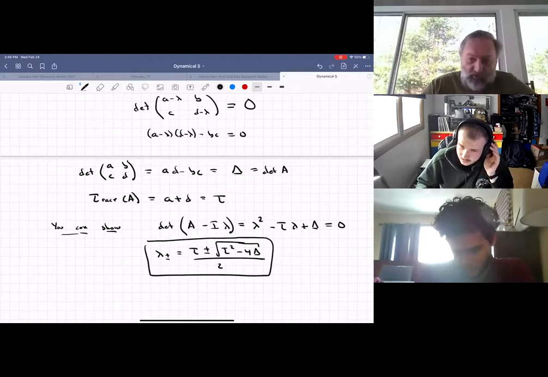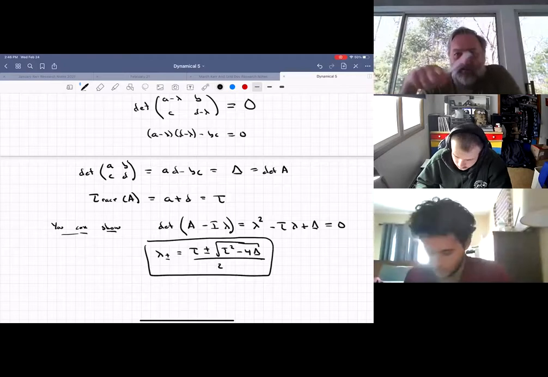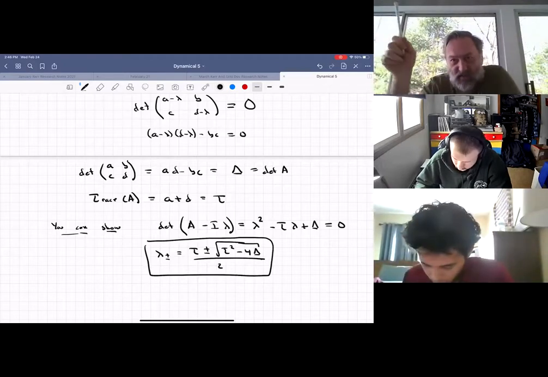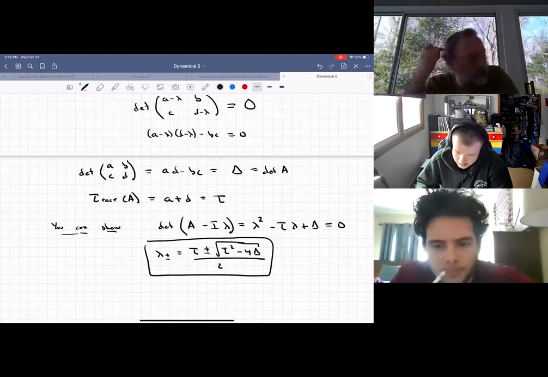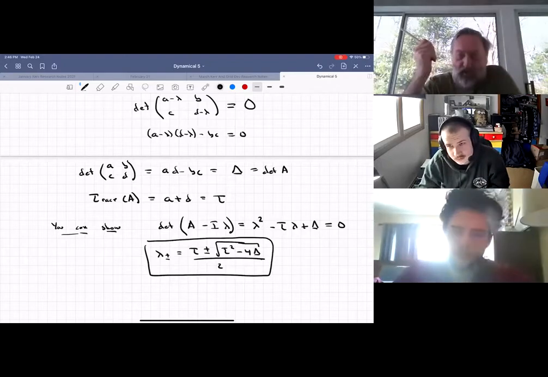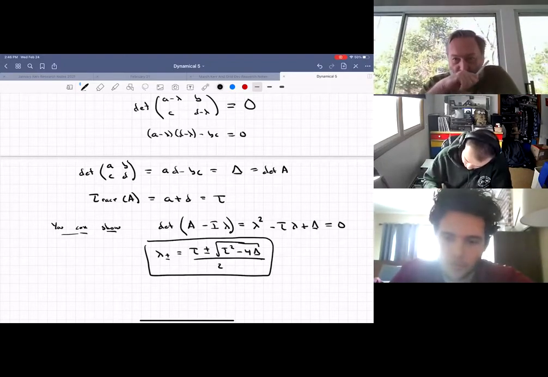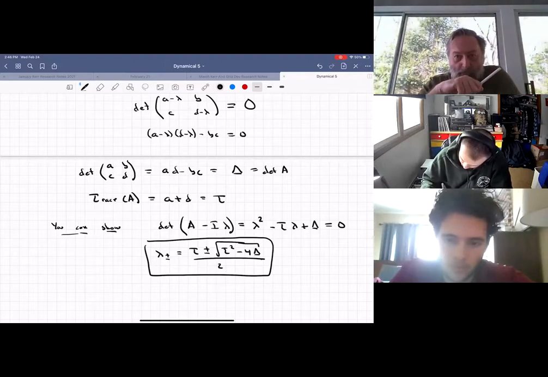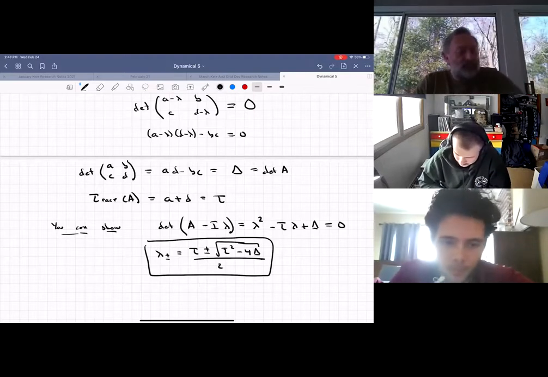So in a 2 by 2 linear system, the trace is just the sum of diagonal elements, and the determinant is just this minus that, multiplied minus the other thing. And then once you have your two eigenvalues, you go back and find your eigenvectors. All right, everybody good? Yep.